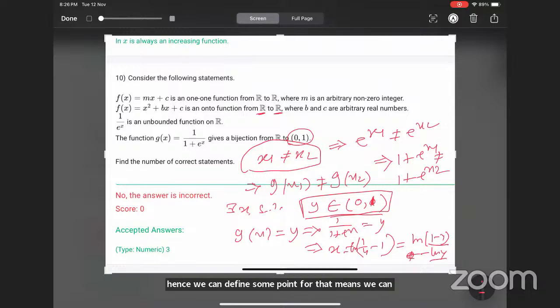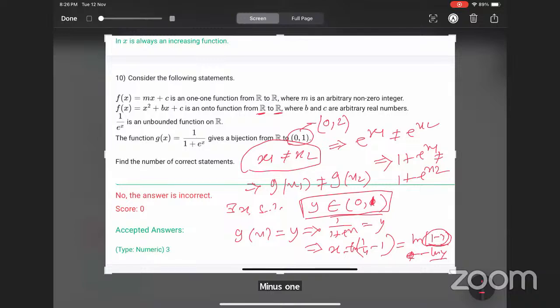But suppose what if this was (0, 2)? Then in the interval 1 to 2, we cannot define the point x, right? Because 1 minus 2 is minus 1, so the log is undefined. So this won't be defined in that case.